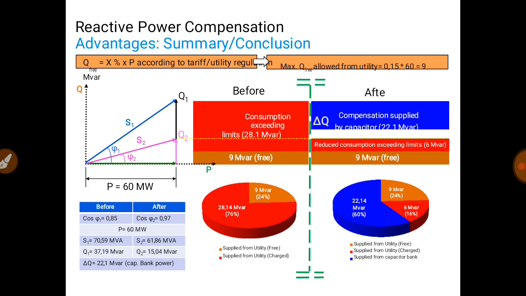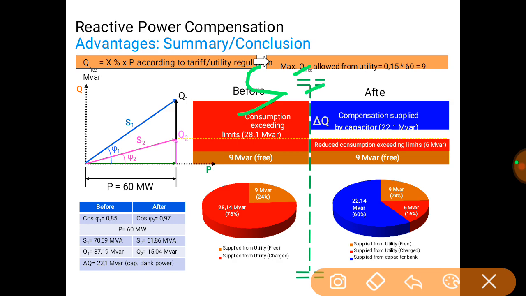Also we calculate reactive power. S is equal to the square root of P square plus Q square from this formula, and we can also calculate by this formula.